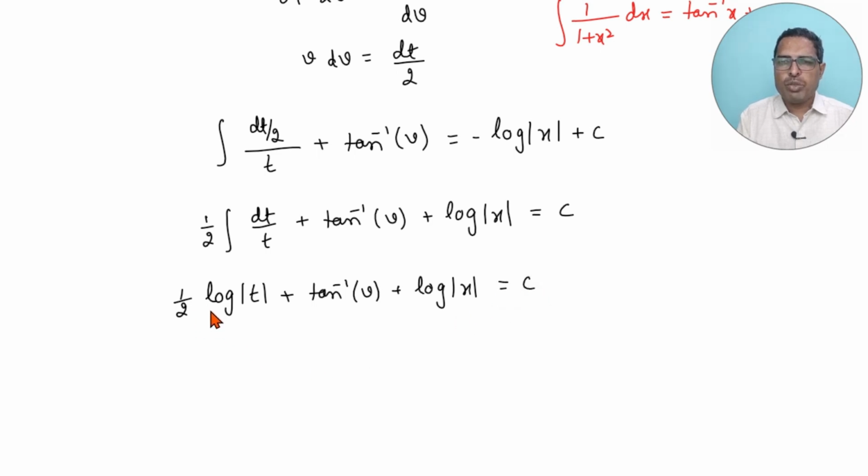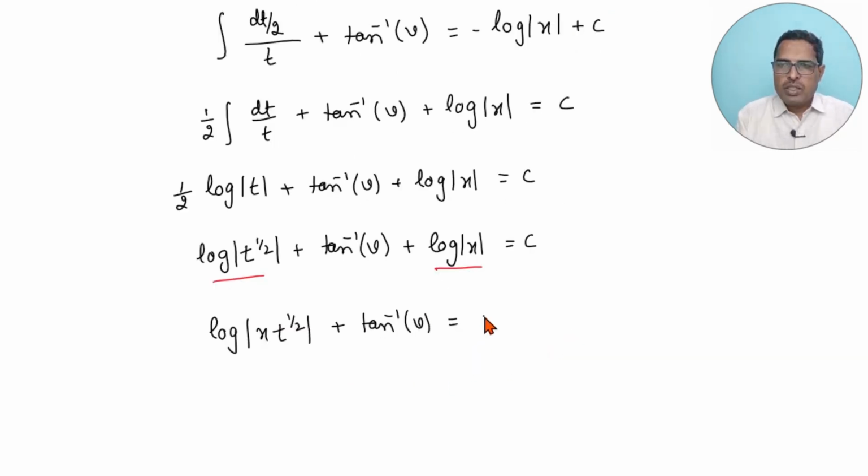Or if I use the property of logarithm over here, can I write this as log of t power of half, since log m power n can be written in the form of n log m. So using that property, plus you have tan inverse of v plus log of mod x is equal to c. Let us take this as equation number 2.